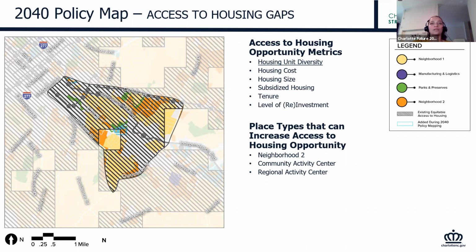And then the approach to mapping this was focused on what place type recommendations will provide better opportunity to improve housing diversity. So the place types that do that are the neighborhood 2, community activity center, and then the regional activity center. And you can see from the map that it's relatively well covered in terms of access to housing.